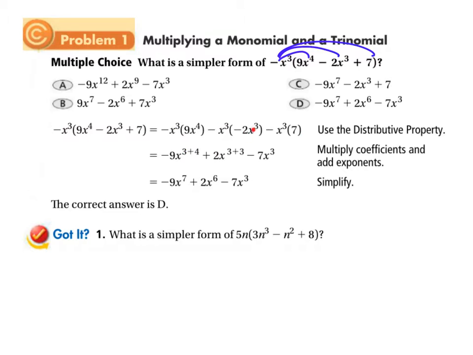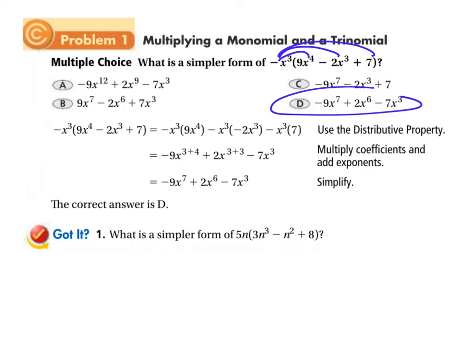And then x cubed times x cubed, x to the 6th. So negative times negative is positive, 2x to the 6th. And right here, negative x cubed times 7 is negative 7x cubed. So which one is that? That is this one right there, D. Okay? Here's your got it problem.